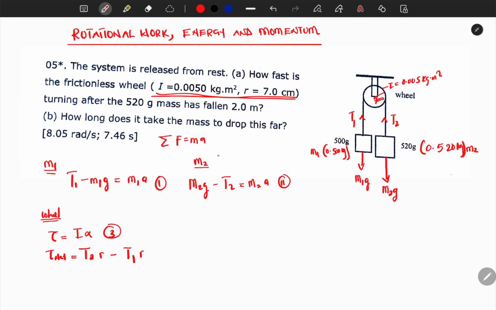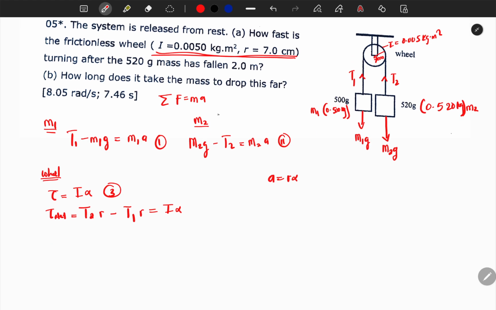Remember that the radius is the same. As the rope moves, one mass moves clockwise and the other moves anti-clockwise, which is why we are subtracting them. This is equal to the moment of inertia multiplied by angular acceleration. But remember that acceleration is given by the radius multiplied by the angular acceleration.